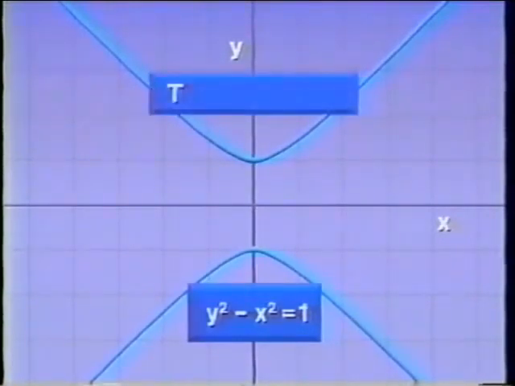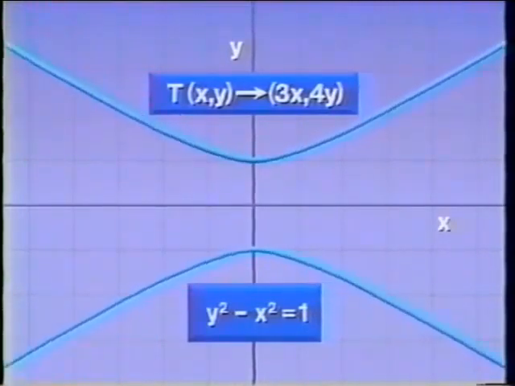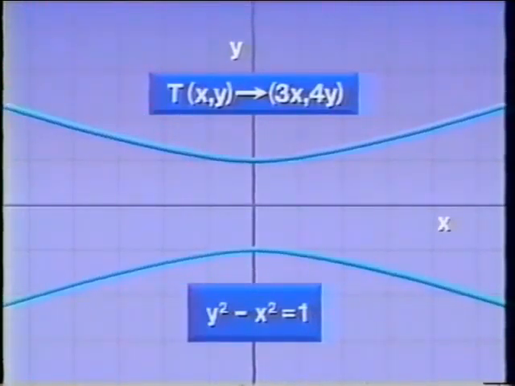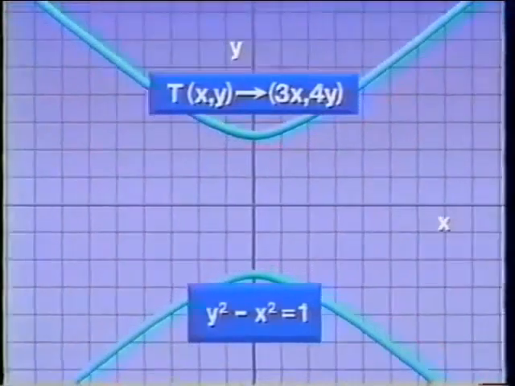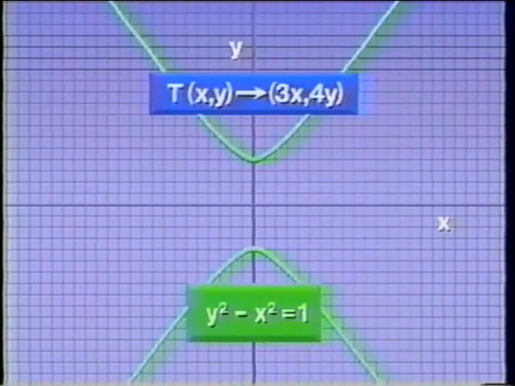Take a simple dilation, t mapping x and y onto 3x, 4y. This stretches the graph horizontally by a factor of 3 and vertically by a factor of 4. To find the new equation, we apply the opposite rule established in the last program.